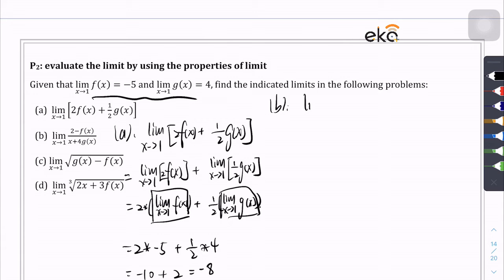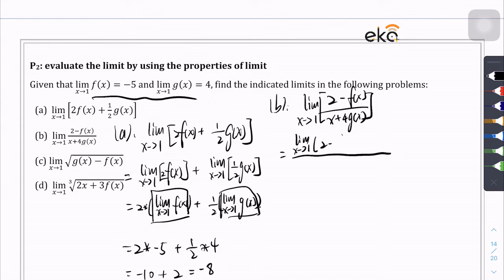B: the limit as x approaches 1 of (2 minus f(x)) over (x plus 4g(x)). We can write this as the limit as x approaches 1 of (2 minus f(x)) over the limit as x approaches 1 of (x plus 4g(x)), which is equal to the limit as x approaches 1 of 2 minus the limit as x approaches 1 of f(x).